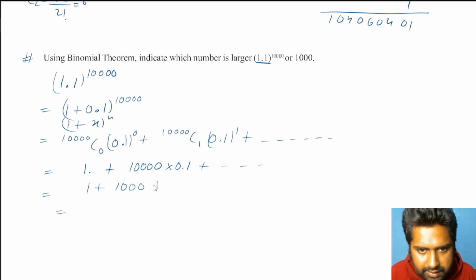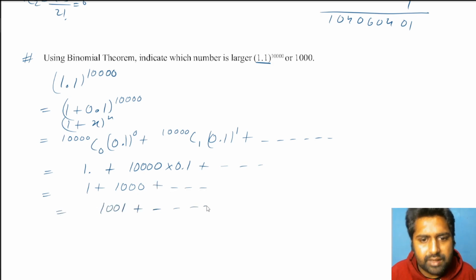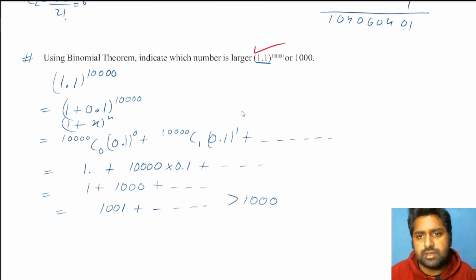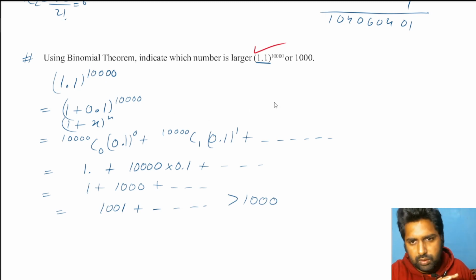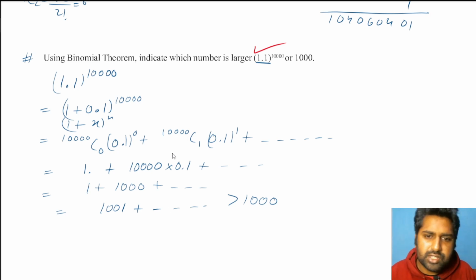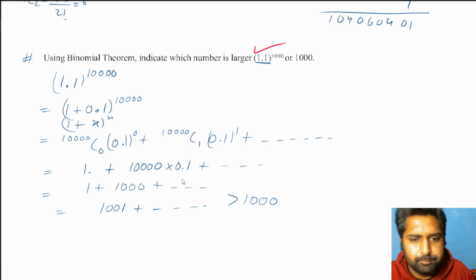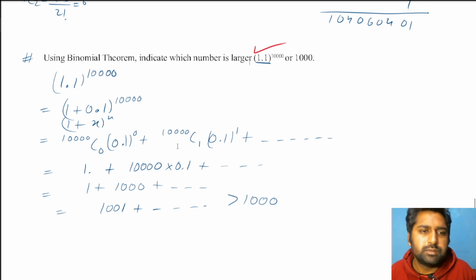This already becomes 1001 plus something. Definitely it will be more than 1000. So I can say yes, this one is larger. So we don't have to do the whole expansion. Just by writing only the first two terms, pretty much you can tell. All right, that was the simple gist of your binomial theorem.